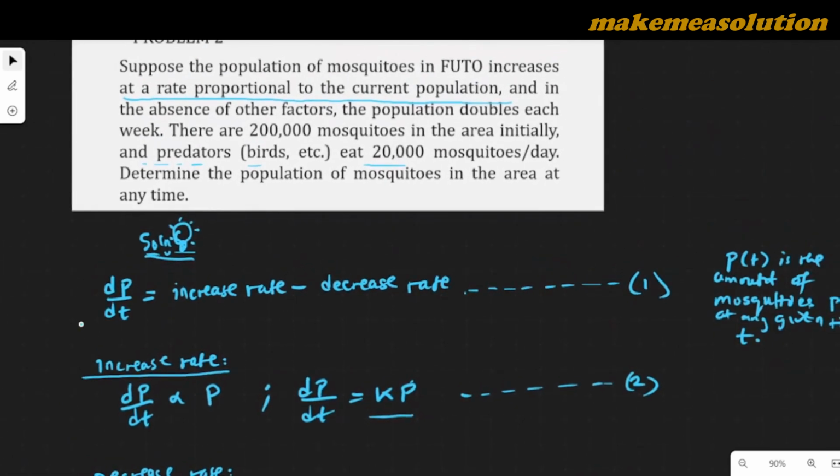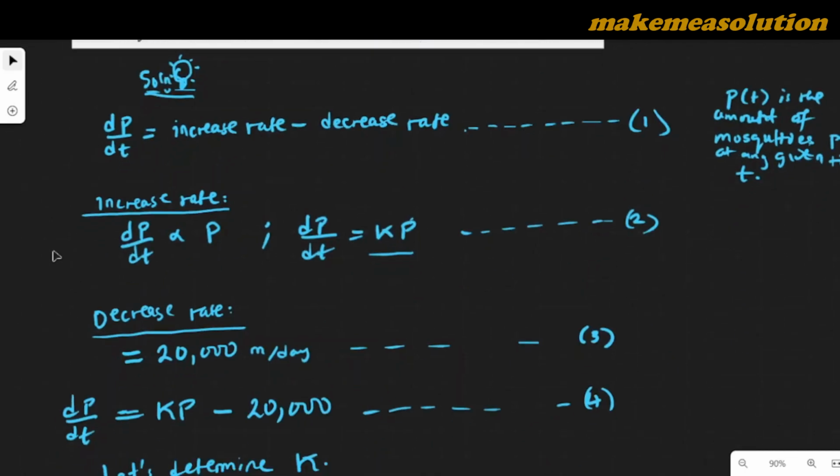Now they said that suppose the population increases at a rate proportional to the current population, and in the absence of other factors, the population doubles each week. So in the absence of other factors, the population doubles each week.